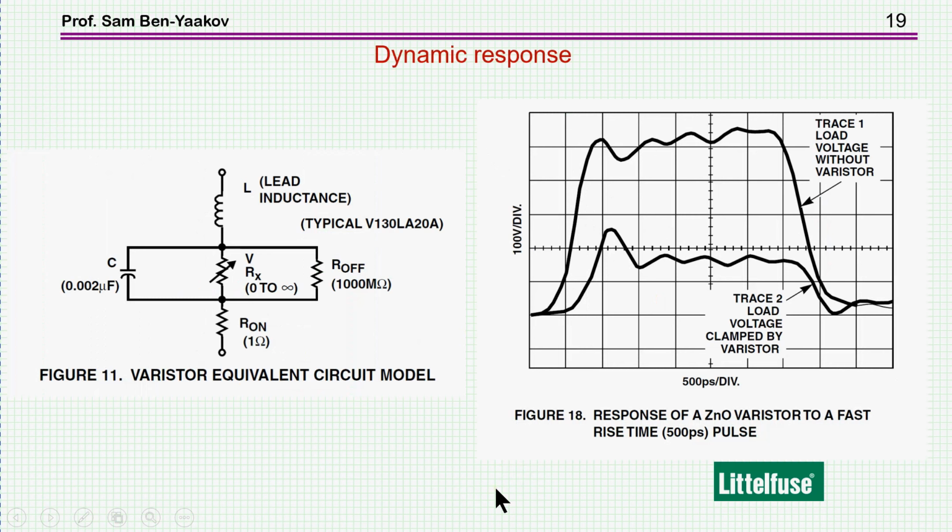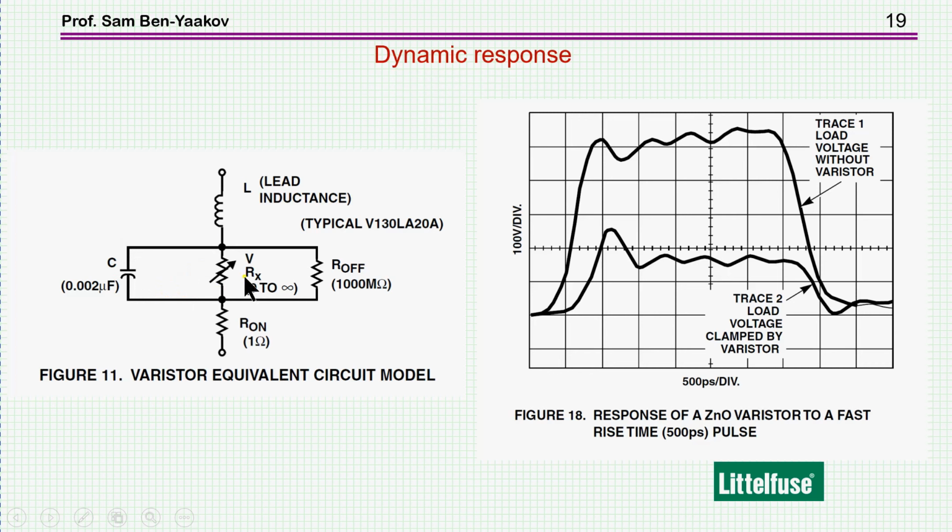If we look at the equivalent circuit of a varistor, we have, first of all, the parasitic inductance, which is very, very low because this unit really has very low inductance. The capacitance is okay because it's also absorbing some of the energy and slowing the rise of the disturbance.